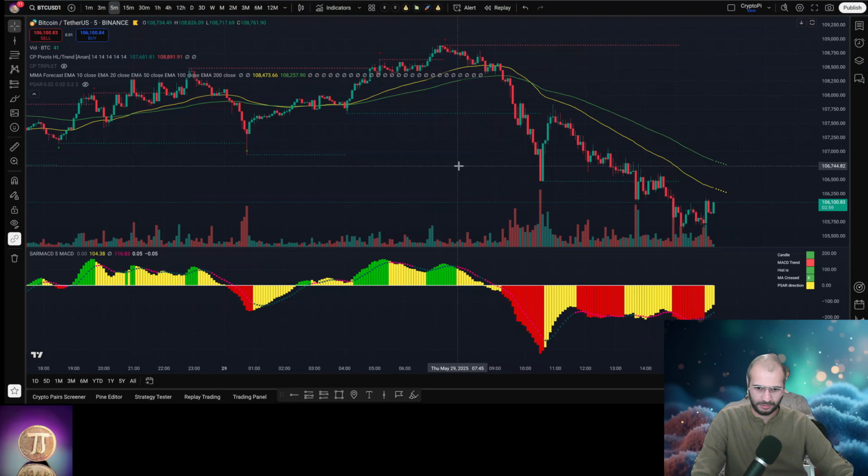That's why all these yellow histograms are an indication of a trend which has been formed. And as soon as you see a red histogram, you would notice that, all right, there is a trend confirmation. The momentum is going downwards. And on the other side, when it is a green histogram, the momentum is on the upside.